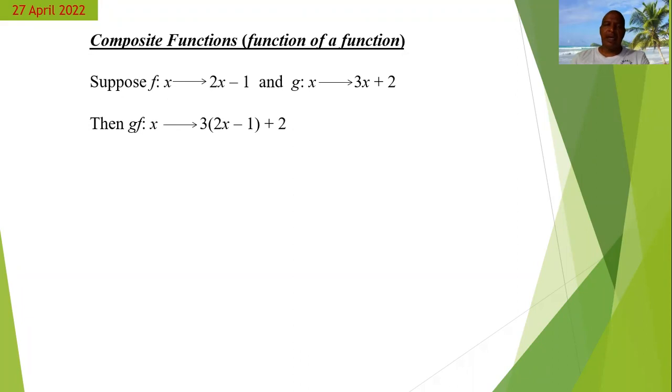So as I was saying about composite functions, we are merging two functions to give you a new function. We may start off with two functions: f of x and g of x.